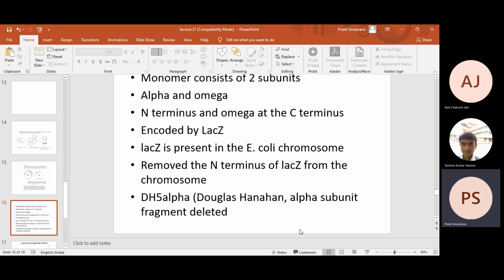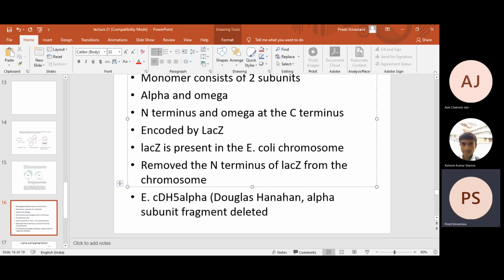So is it clear that the end terminus of LAGZ was removed from the chromosome, and this was done by a scientist called Douglas Hanahan, who constructed this strain of E. coli, and this is the most commonly used strain which everyone globally is using. Every lab is working on DH5 alpha, which has the alpha fragment deleted.